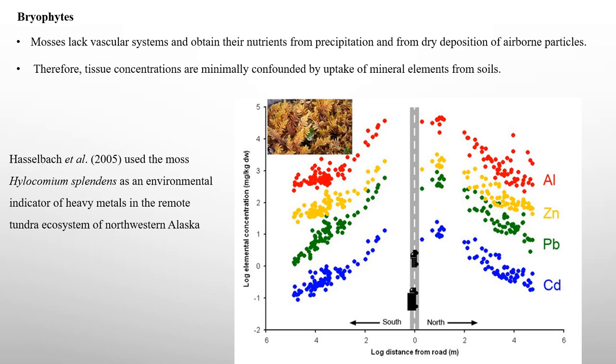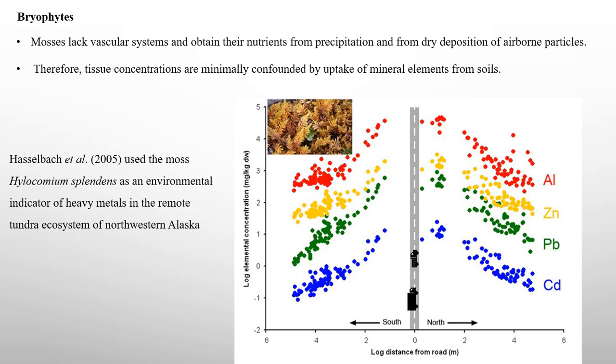Second is the application of bryophytes in the biomonitoring process. Bryophytes or moss lack the vascular system and obtain most of their nutrients from the precipitation and from dry deposition of airborne particles. Therefore, tissue concentrations are minimally confounded by uptake of mineral elements from soil and subsequent translocation.